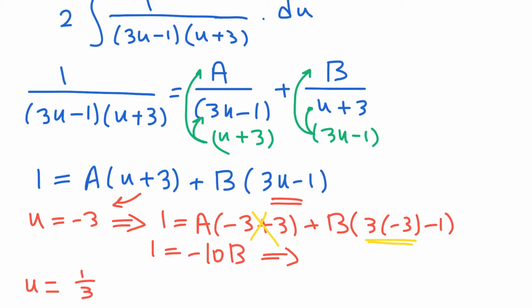That means the value of B is -1 over 10.